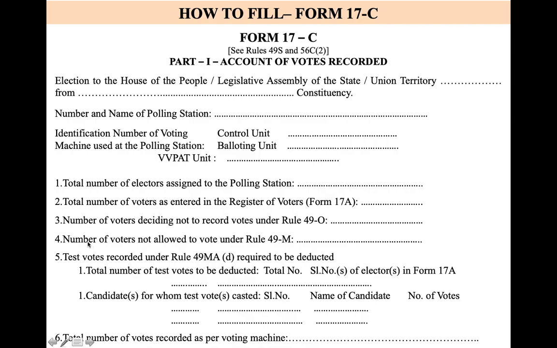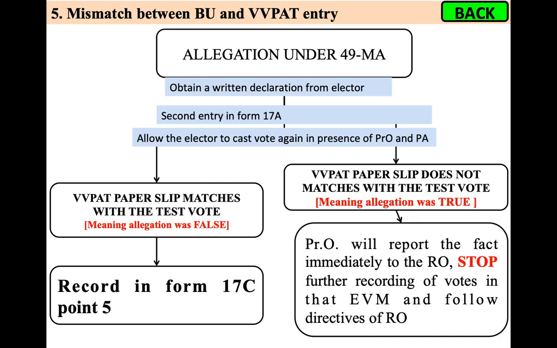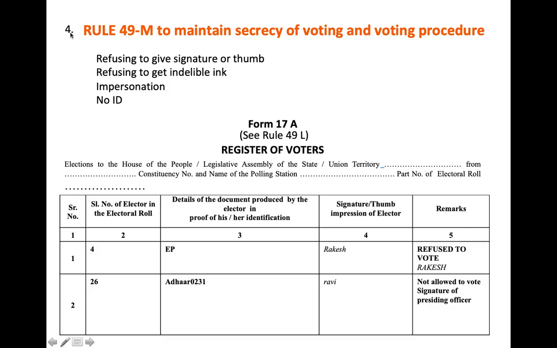Okay. And coming to number 4, number of voters not allowed to vote under Rule 49M. Let's see what Rule 49M is. We are discussing point number 4 of 17C. Rule 49M says that every voter has to maintain secrecy of voting, this is part 1, and also follow the voting procedure.